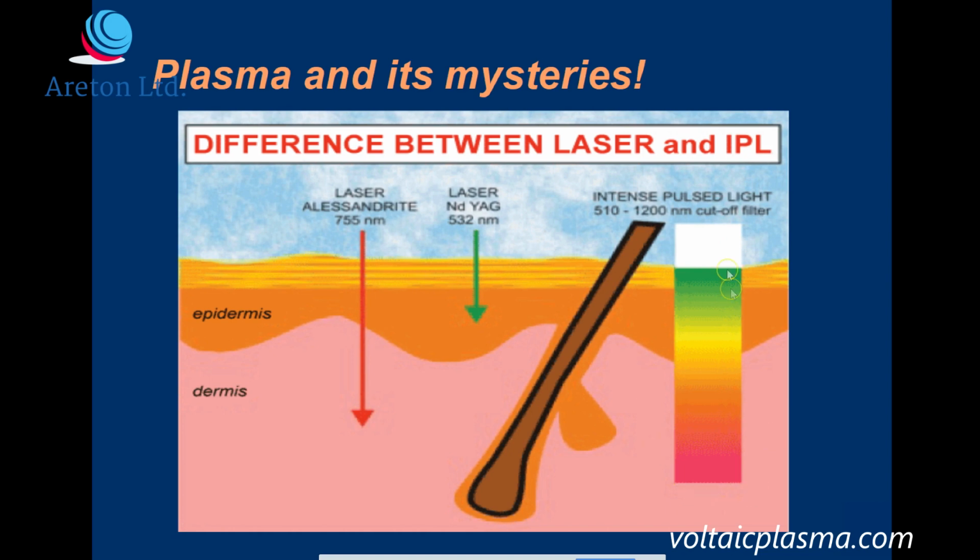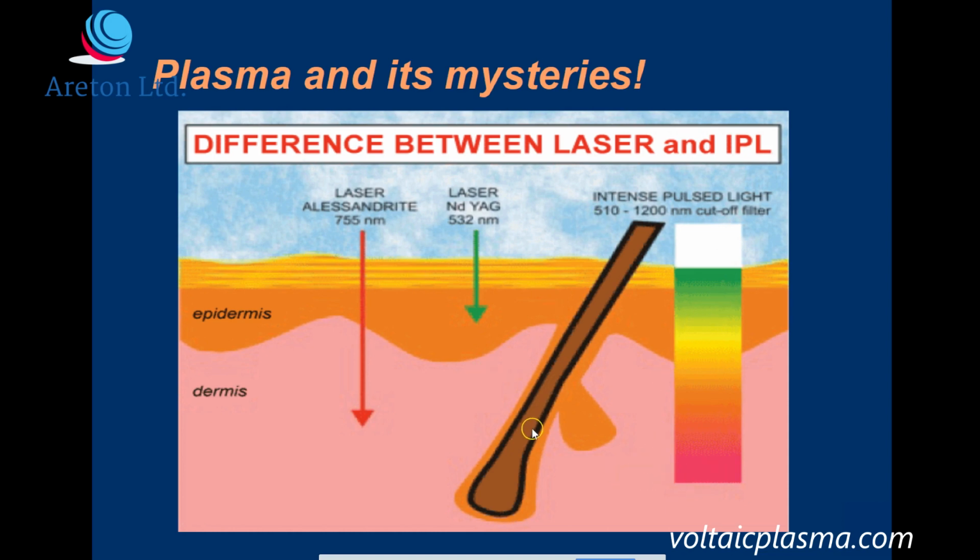So this is another very interesting picture here, because as you'll see, the green light, which is the same as the 532 nanometer one, is impacting the most superficial levels of the skin, whereas the longer wavelengths are getting deeper inside.